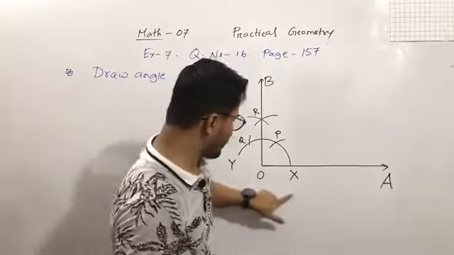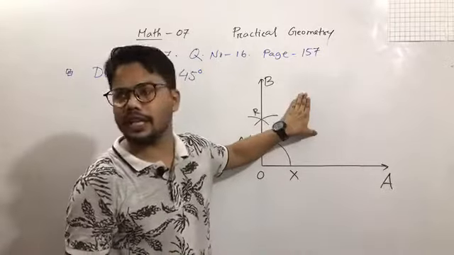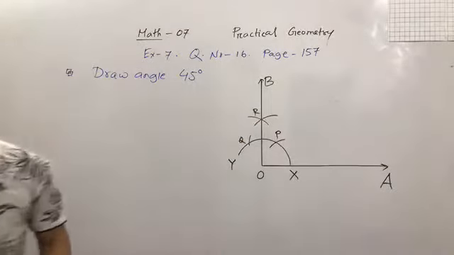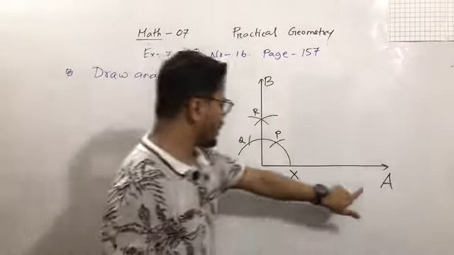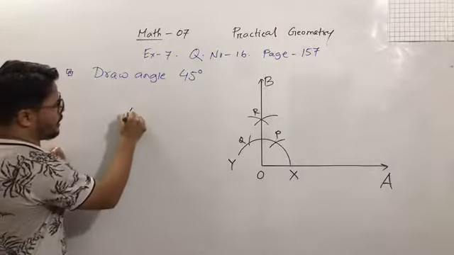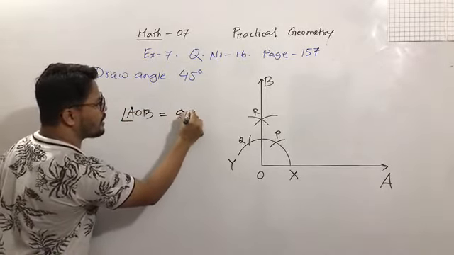This one is OA, OB is perpendicular on OA. Now we will bisect the angle here. Okay. Now AOB, here AOB angle equal 90 degree.